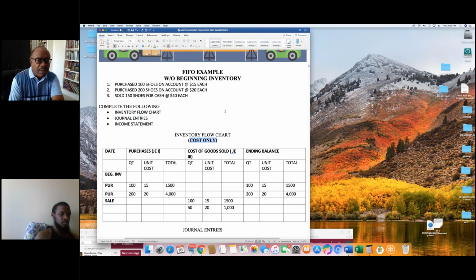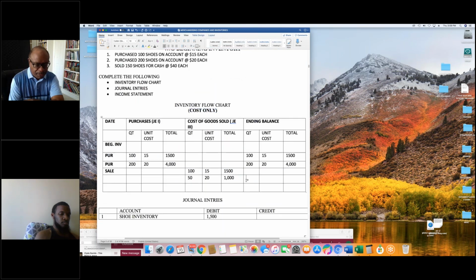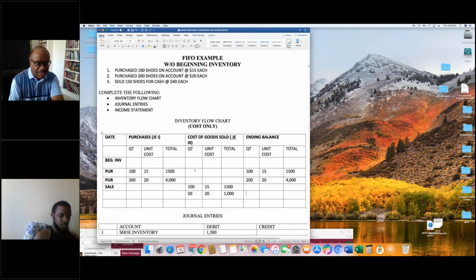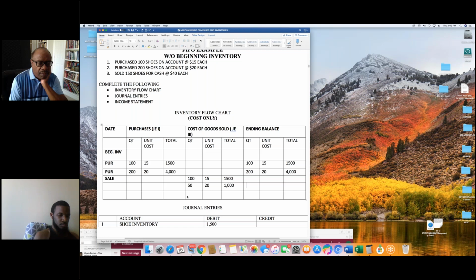Now, what were you talking about? Why is that 50 right there under the 100? You sold 150 pairs of shoes. We sold all of these, then we came down here and sold these. So our totals are going to come in here, and I'll bold them.